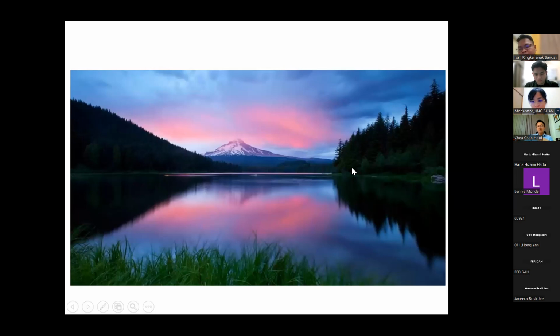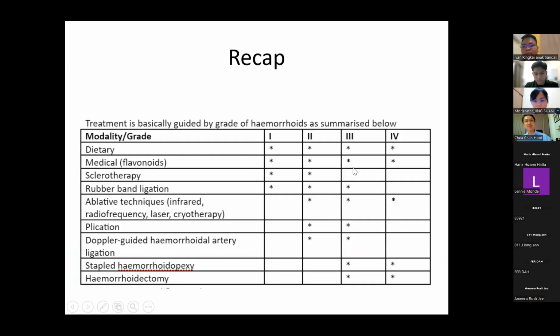Okay, so recap. This slide is just to show that treatment for hemorrhoids is basically guided by the grade, right? So the lower the grade, you can use medication, you can use everything to treat actually, but we don't really do it lah.